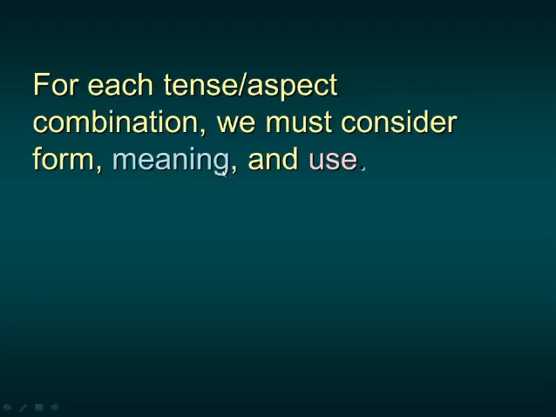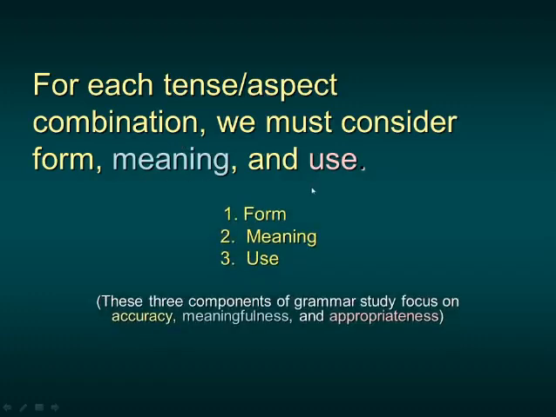For each tense aspect combination, we must consider form, meaning, and use. In order to understand tense and aspect, we must also consider form, meaning, and use. These three components of grammar study focus on accuracy, meaningfulness, and appropriateness.